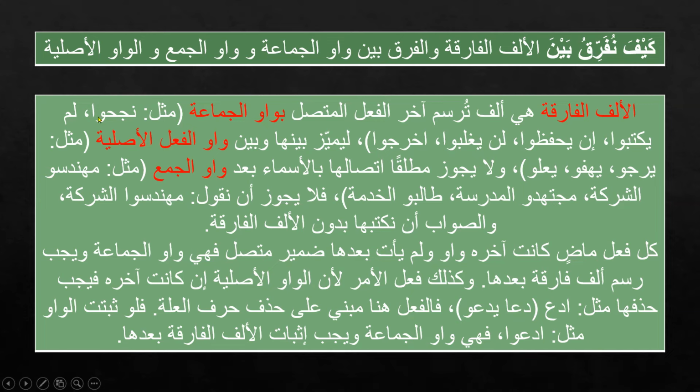Just like that, the Juha, Lam Yaktubu, Yahfizu, Lan Yaghlubu. Here, you can see that we are writing Alif al-Farika because there is no Damir Muttasil attached to it. And it is necessary to put Alif al-Farika after this. But for the Hua version, we need to drop this vowel.